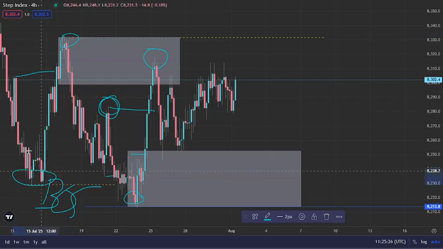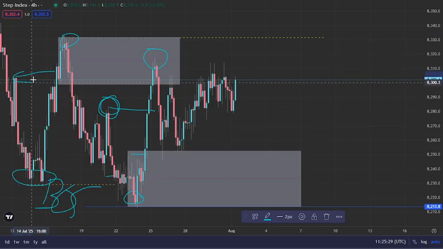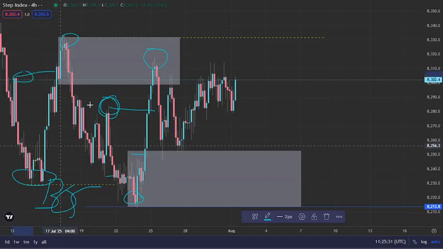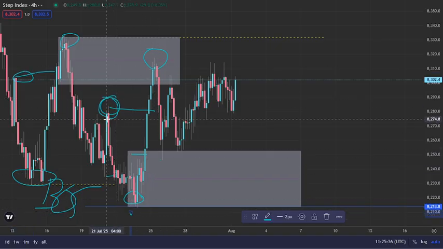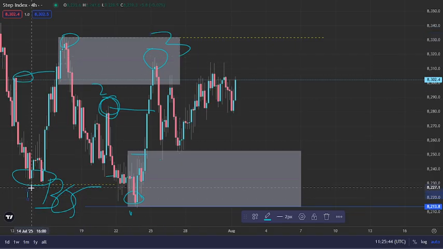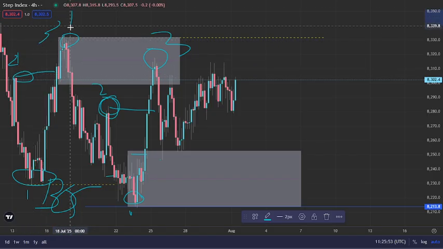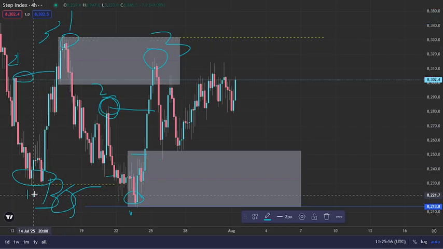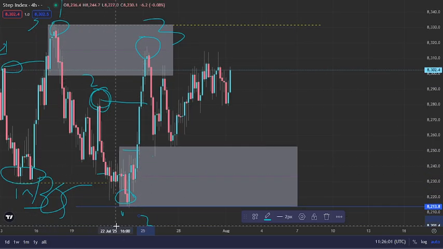This is what I mean by the probability in everything I'm saying. So 1, 2, 3. The same thing is happening here. The same thing happened here. We have this 2, 3. Now we have 1, 2, 3, 4, the bearish market structure.